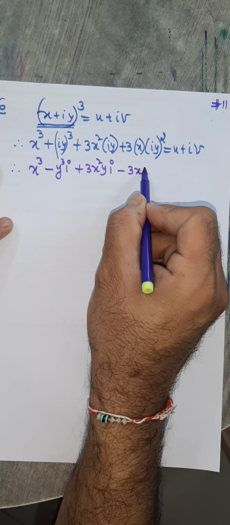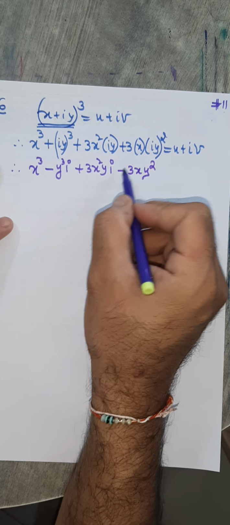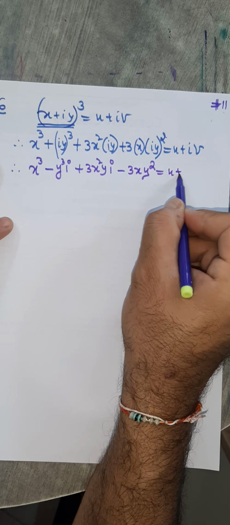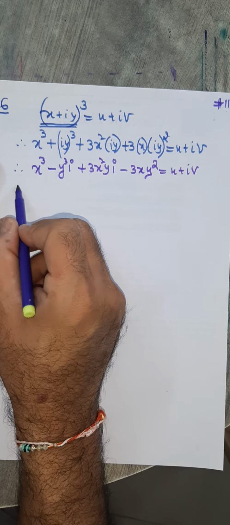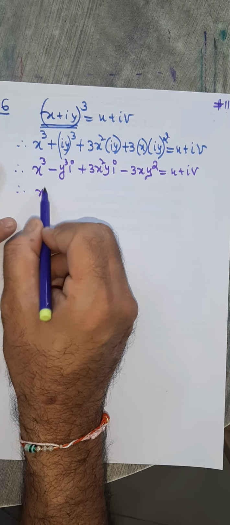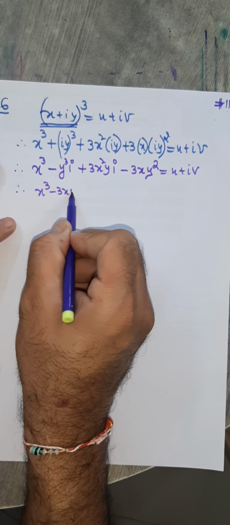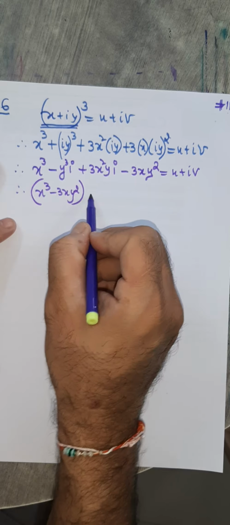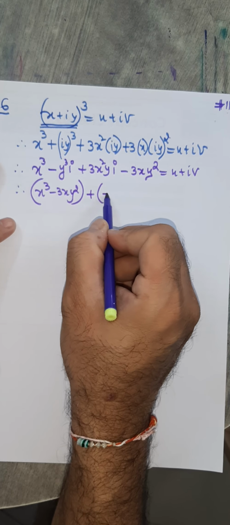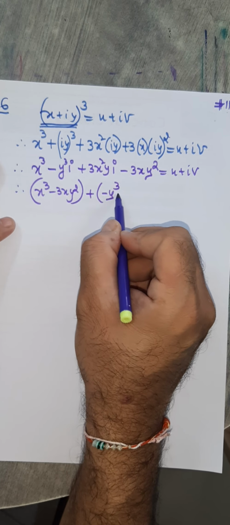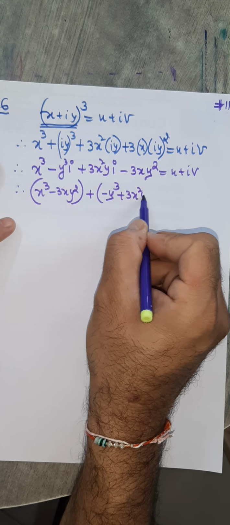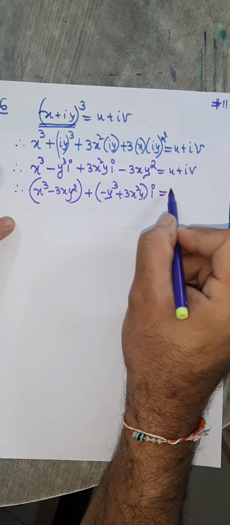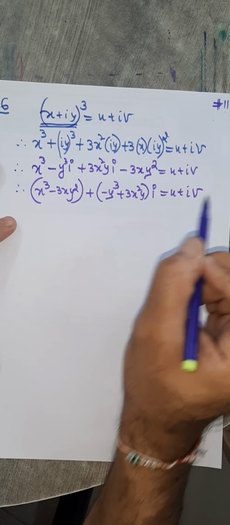So 3xy², i² is minus 1, which I have written here. So you have x³ minus 3xy². Take i common from this. So y³ with minus sign plus 3x²y into i equals u + iv.